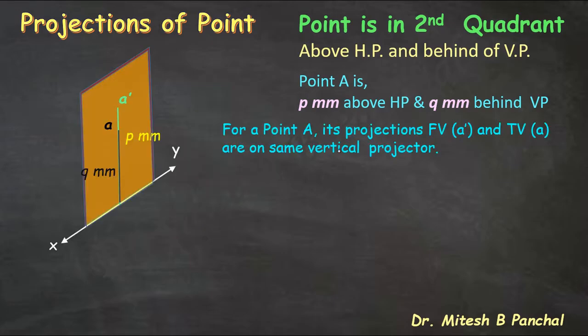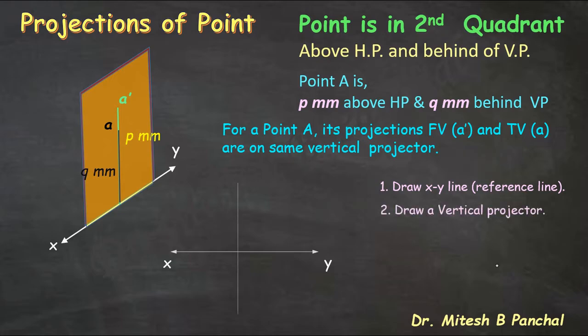Also, for a point, its projections, front view and top view, are on the same vertical projector. So first draw the XY line. Second, draw a vertical projector. The front view, we know, is P mm from XY line.